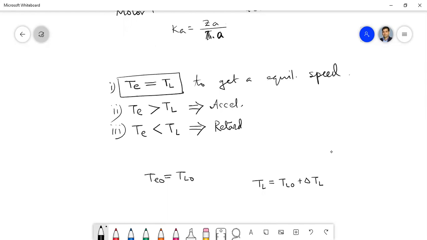Now to have another equilibrium point, the TE also should be increased from its previous value, isn't it?